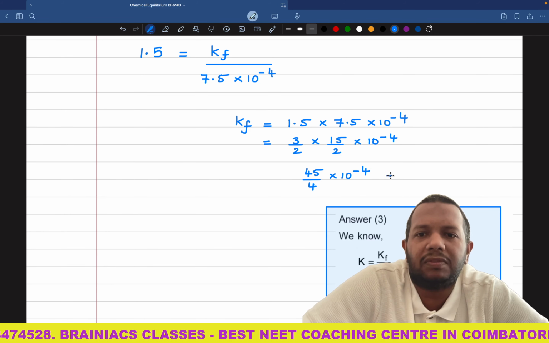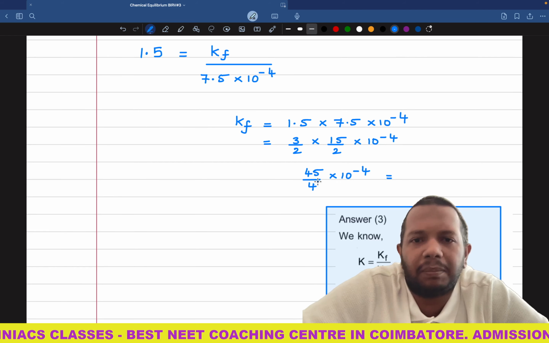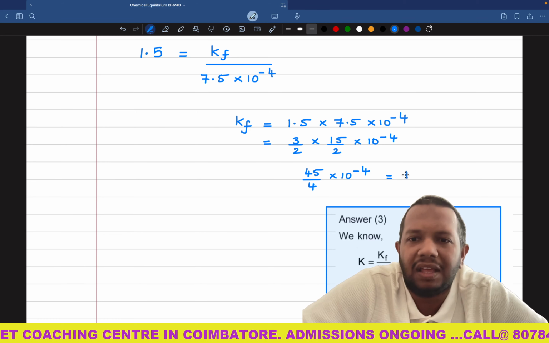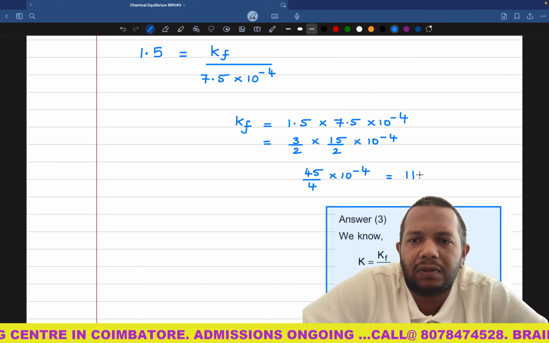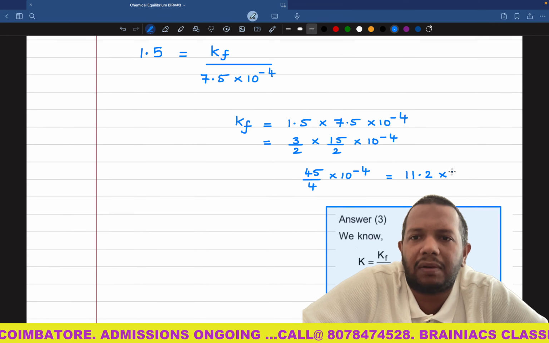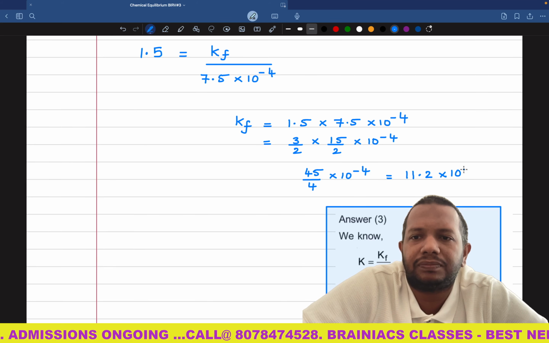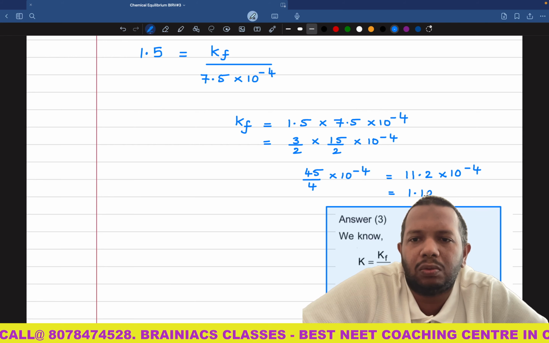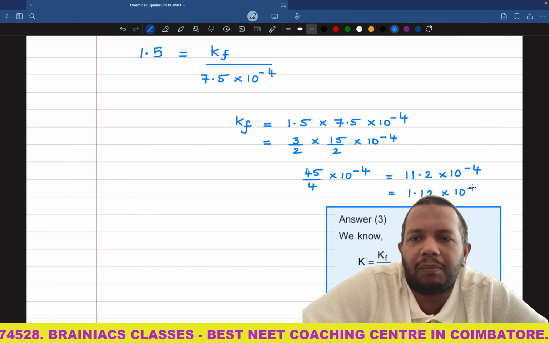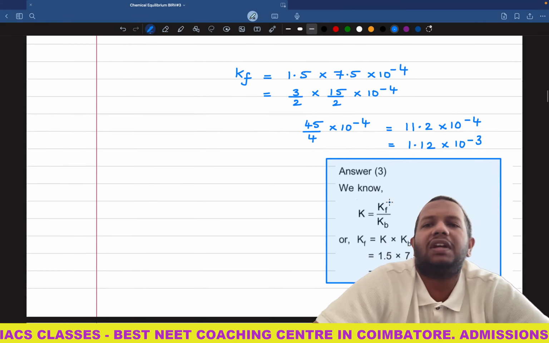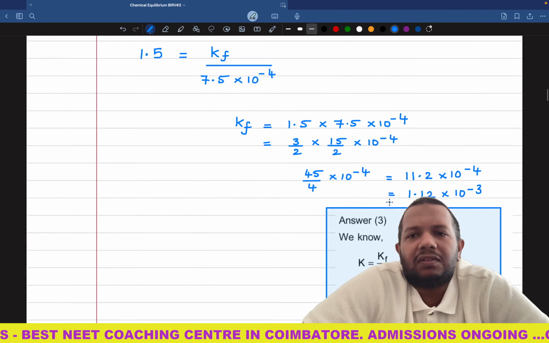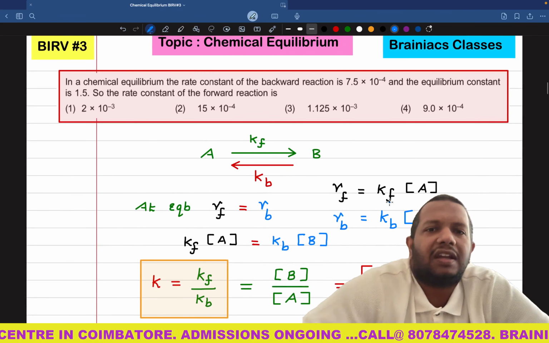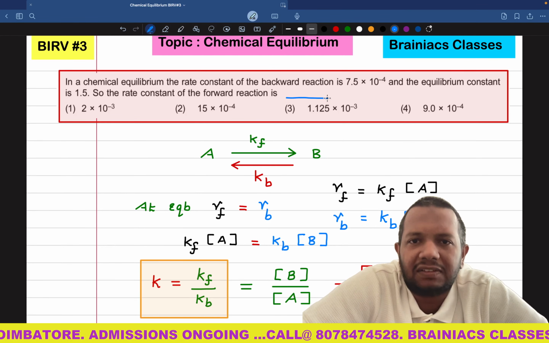So how much will it become? 45 by 4 is 11.2, so we can write it as 11.2 into 10 power minus 4, or as 1.12 into 10 power minus 3. This would be the correct answer. Where the answer is present, 1.12 into 10 power minus 3, here we have the option, that is option 3 is the correct answer.